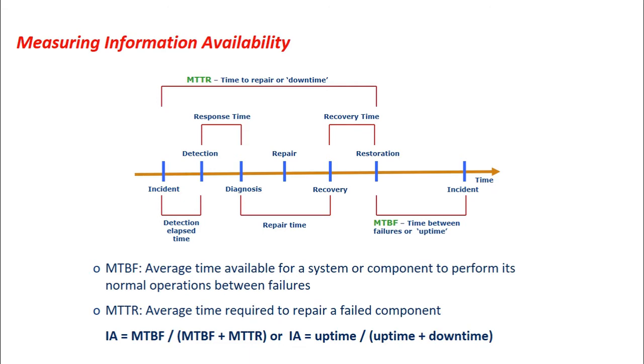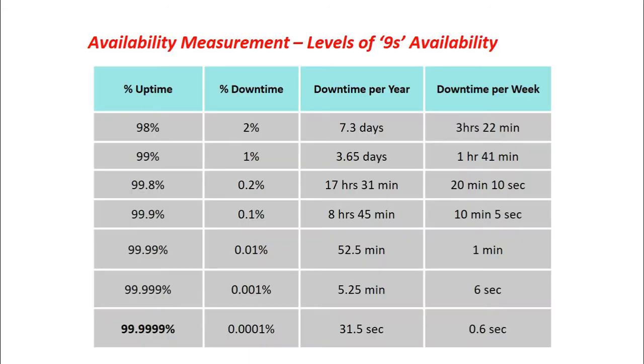Uptime per year is based on the exact timeliness requirements of a service. This calculation, uptime per year, leads to the calculation of the number of nines. As we can see here, this uptime leads to the number of nines representation for availability metrics.